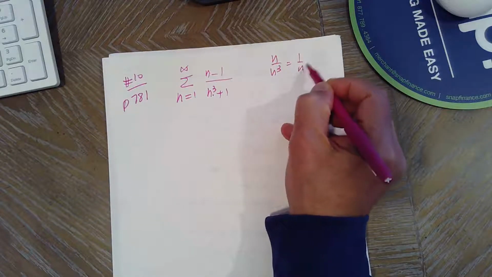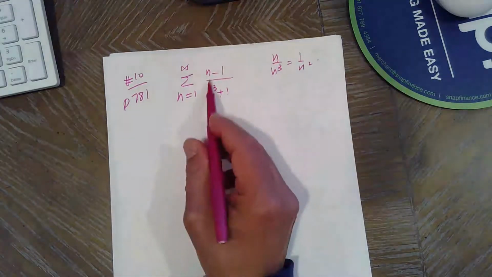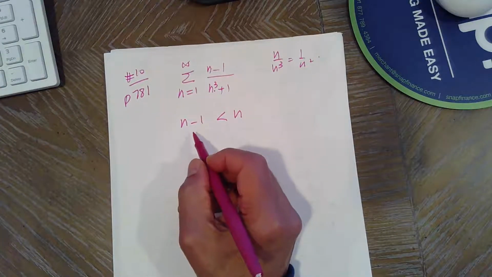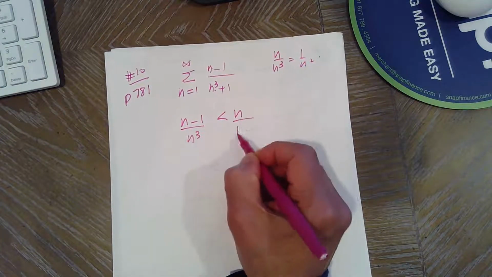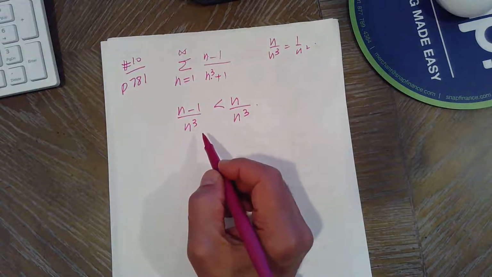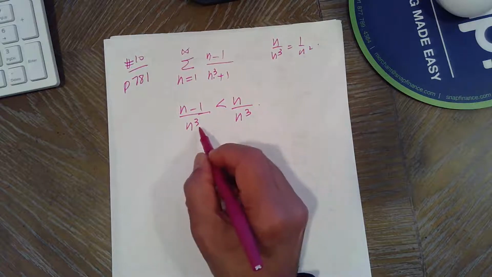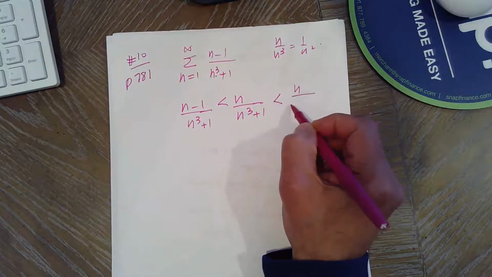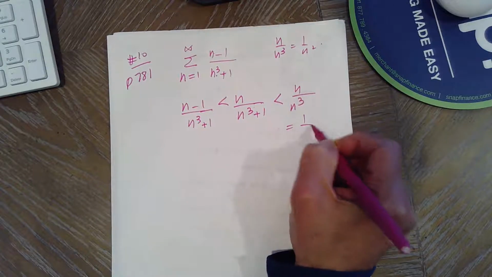And you can see why. Because n minus 1 is less than n, right? And if you divide by n cubed plus 1, it's still less than n over n cubed, which is 1 over n squared.